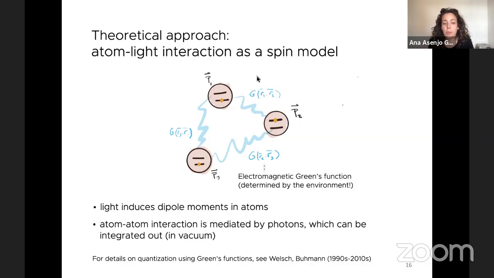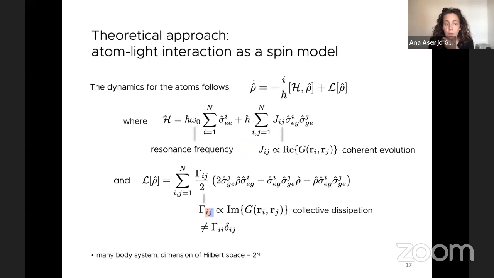And the interactions will be mediated by the electromagnetic Green's function that, as I mentioned at the beginning of my talk, is determined by the environment. So very briefly, what we find is an atomic density matrix that evolves according to a Hamiltonian and a Lindblad operator, because this is an open system, so there is dissipation. This is how we capture it.